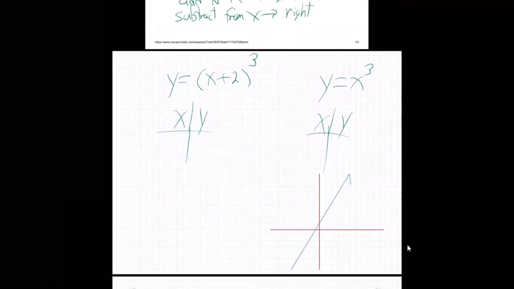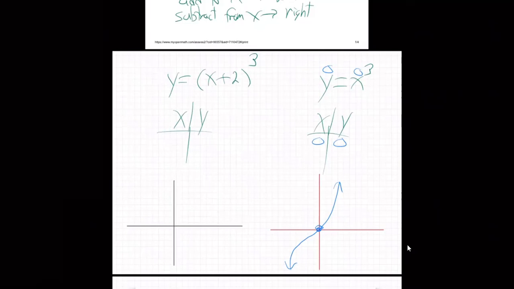It goes right through the origin, right? If I put in 0 for x, y is 0 because 0 cubed is 0. Well, what about the graph over here? What's this one going to look like?